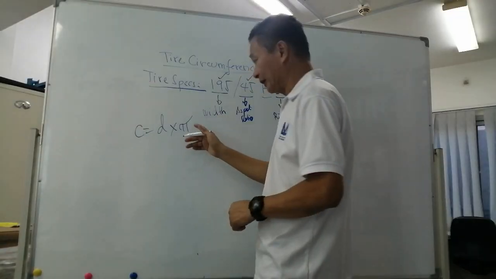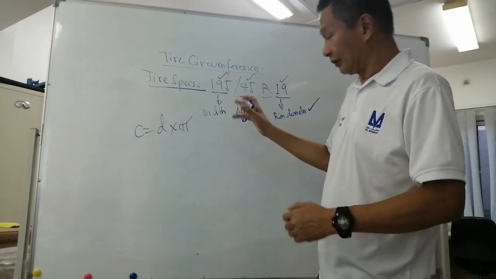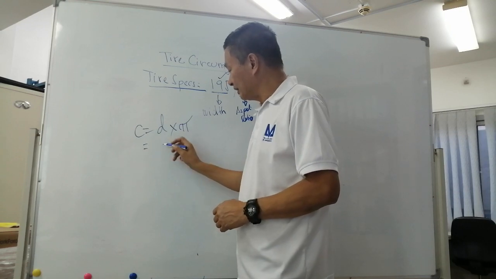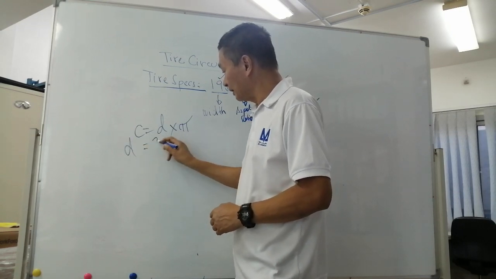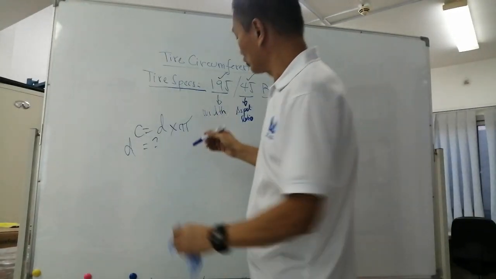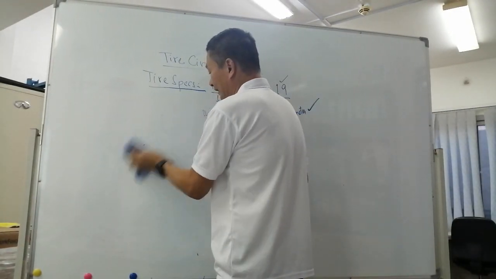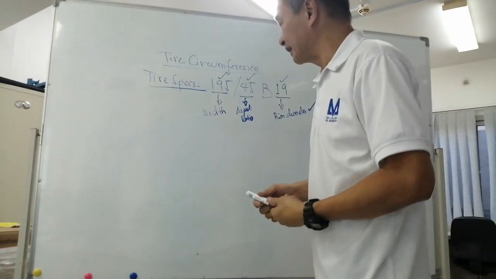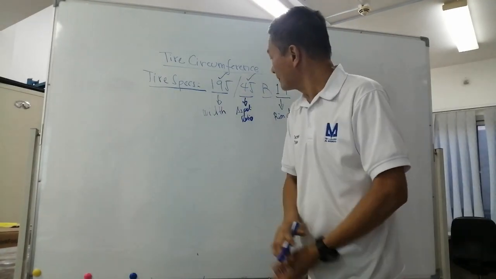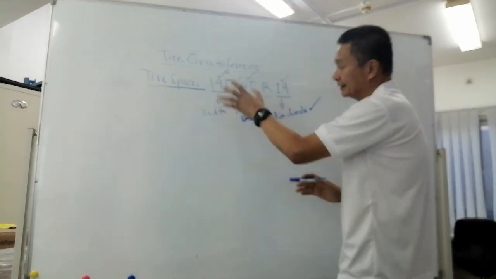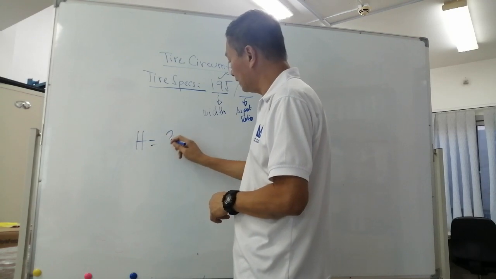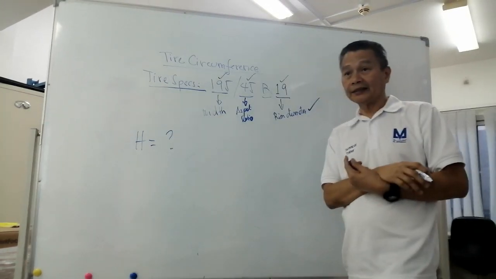I will explain later the value of pi. So we need to determine the diameter first. Going back to the tire specs, we don't have the height here, so we will look for the height of the tire.